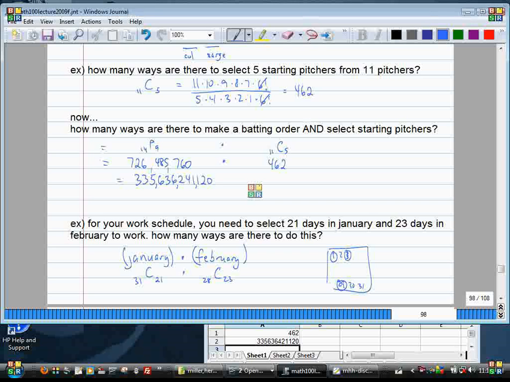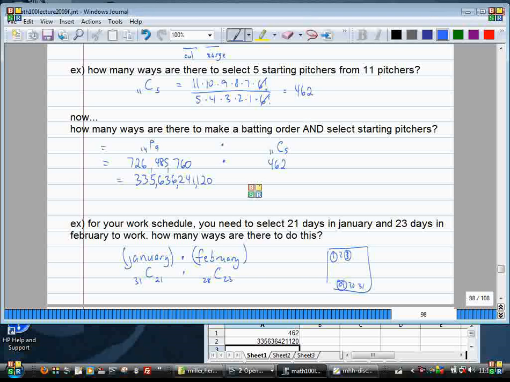So notice, for example, for your work scheduling, 21 days in January and 23 days in February. If you weren't thinking, probably what would you do in order to answer this question? 21 times 23. But notice how that's completely way wrong.